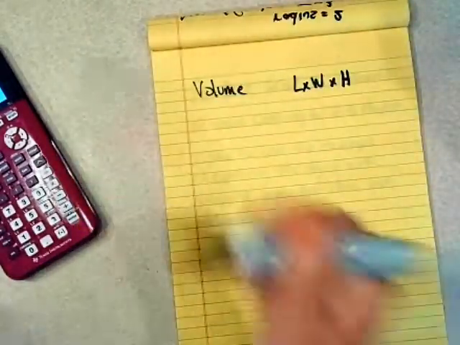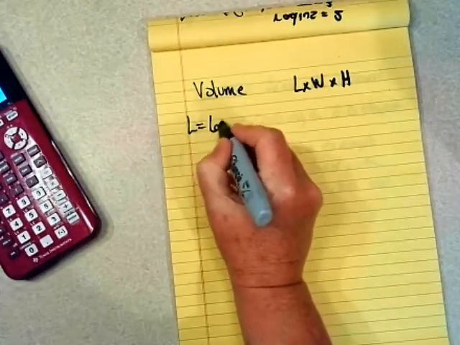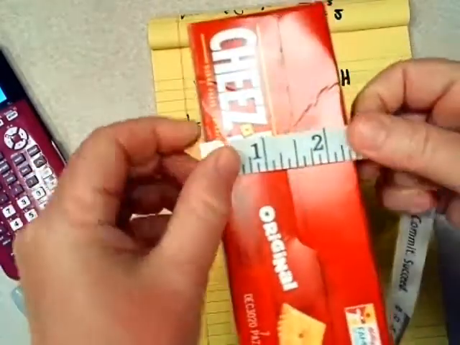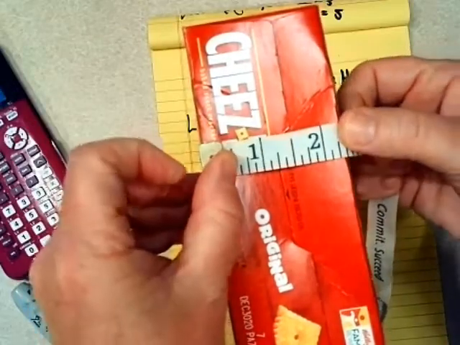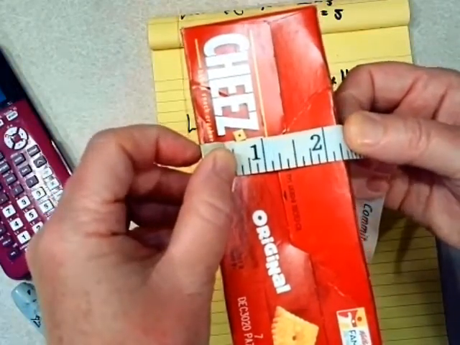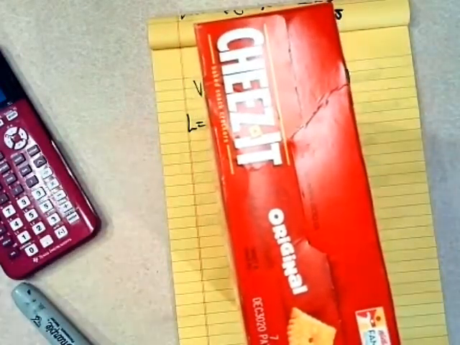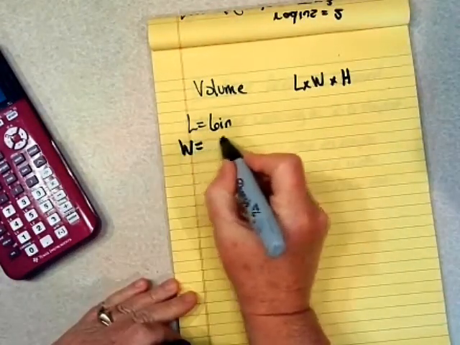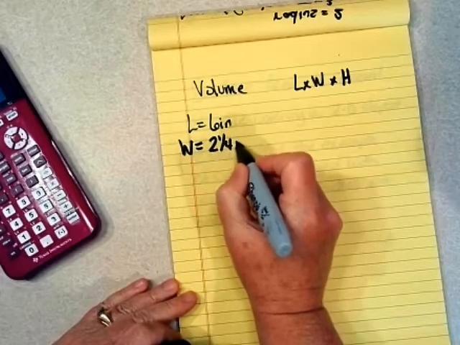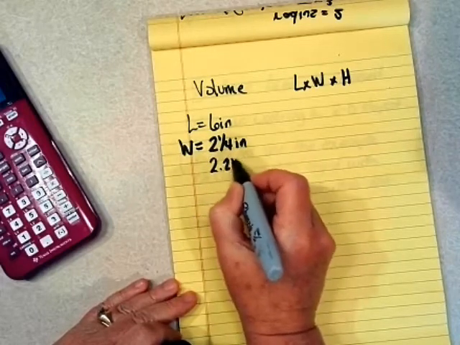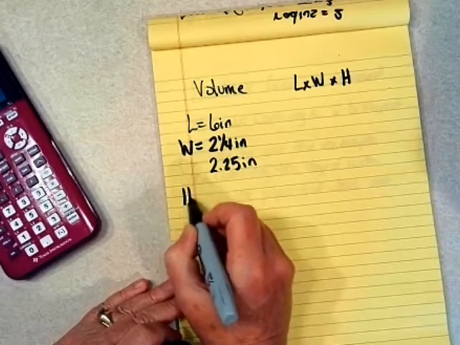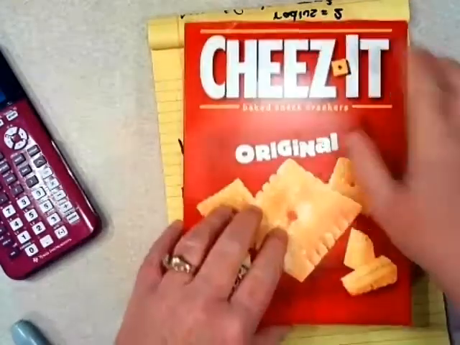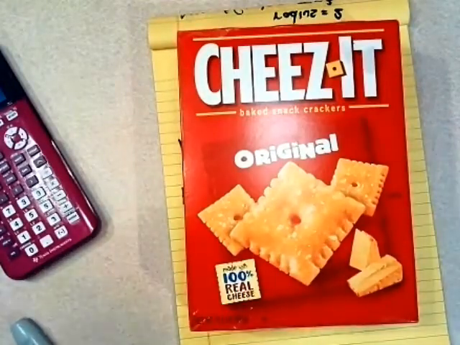So length, 6 inches. Now I'll measure and find the width. I'm going to call this the width, and that looks to be 2 1/4 inches. So the width is 2 1/4 inches. You might call that 2.25 inches. Now I've got to find the height. This is the height, how tall it is.